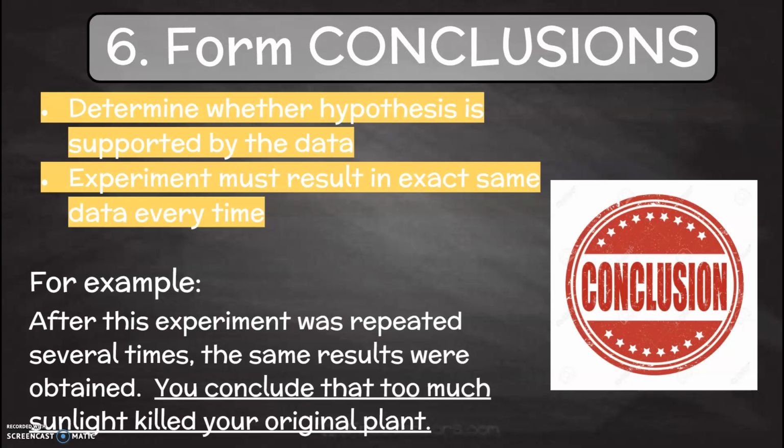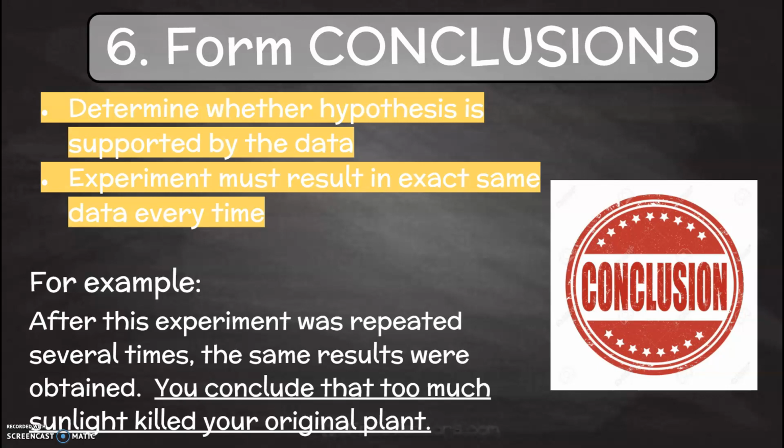The final step of the scientific method is going to be to form your conclusions. You need to determine whether your hypothesis was supported by the data or not. So in my case, if I did conclude that the sunlight was what was killing my plant, my hypothesis would be correct.